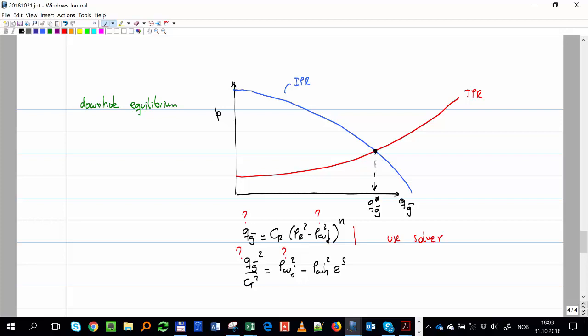Okay, so now what is the effect? We talked about a few things yesterday. Let's say first, what is the effect of tubing size, tubing diameter? Which curve is it going to affect? TPR, right?